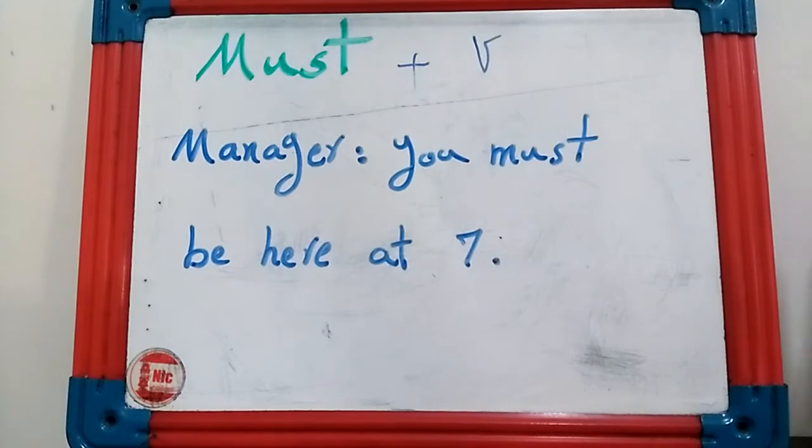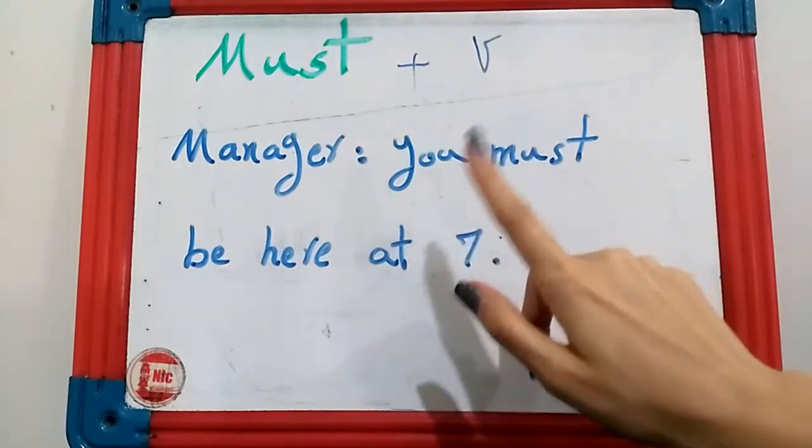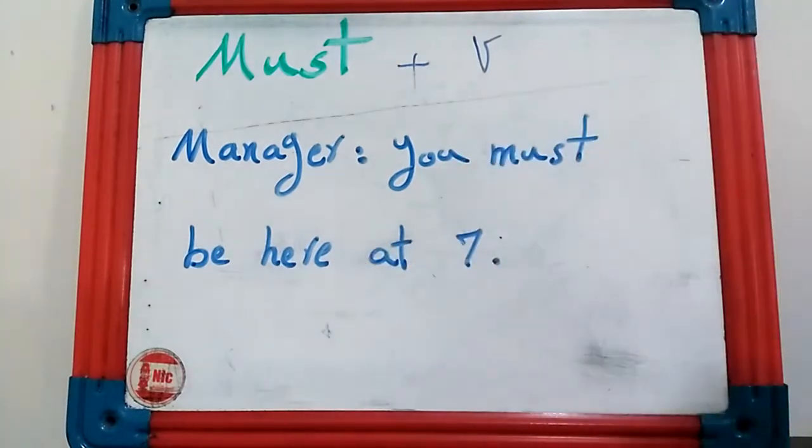You must be here at 7. It's obligation. It's necessary. It's important. ضروری و مهمه و باید انجام بشه. شما باید رأس ساعت 7 اینجا باشید. You must be here at 7.